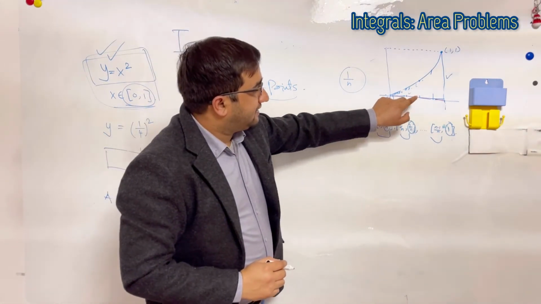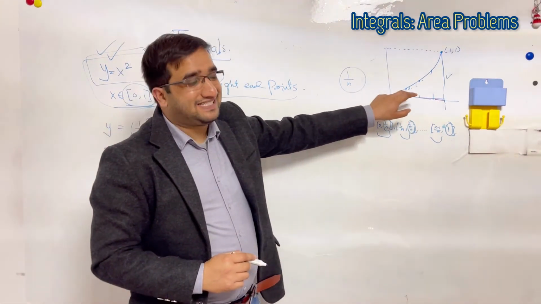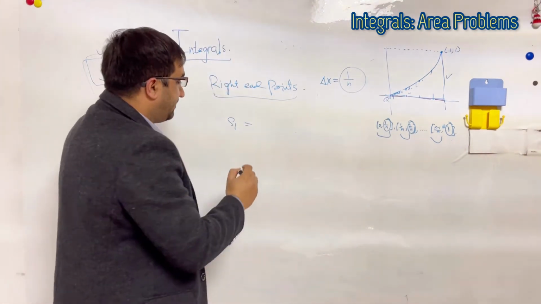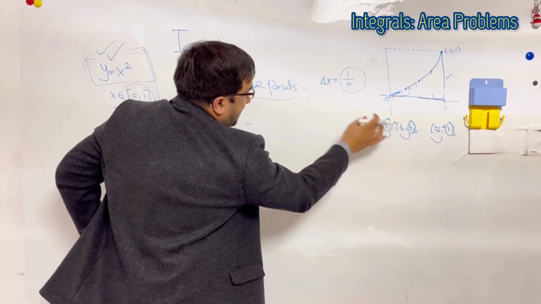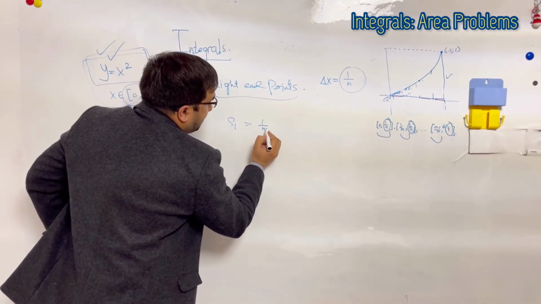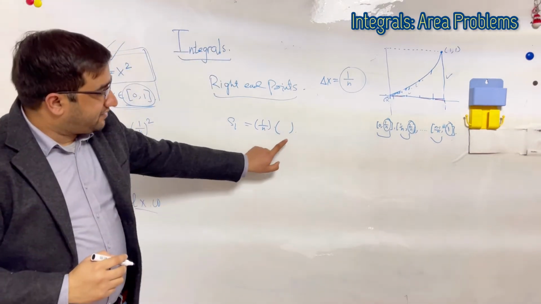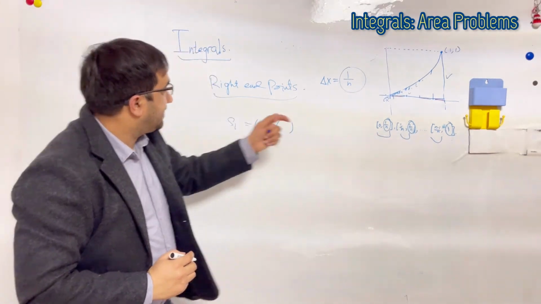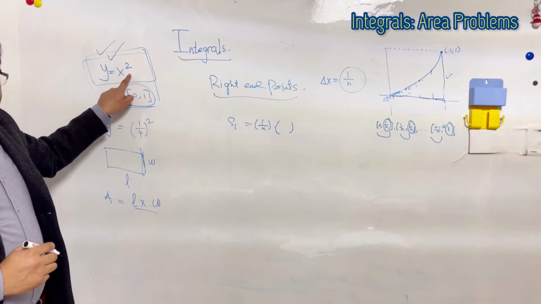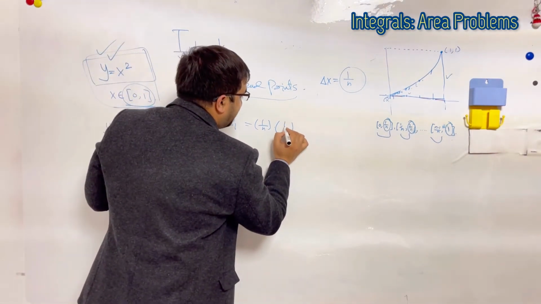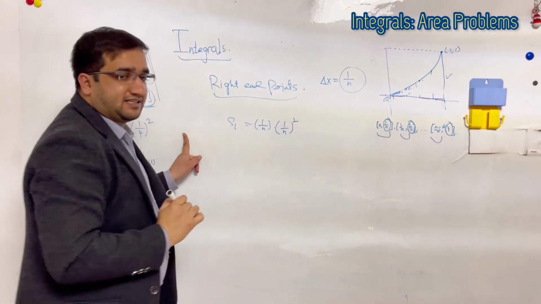So the size of the delta x is 1 by n. So for the first slice, the delta x is 1 by n. What will be the height? The height will be the square of the right end point according to this function, right? Yes. So it will be 1 by n square.